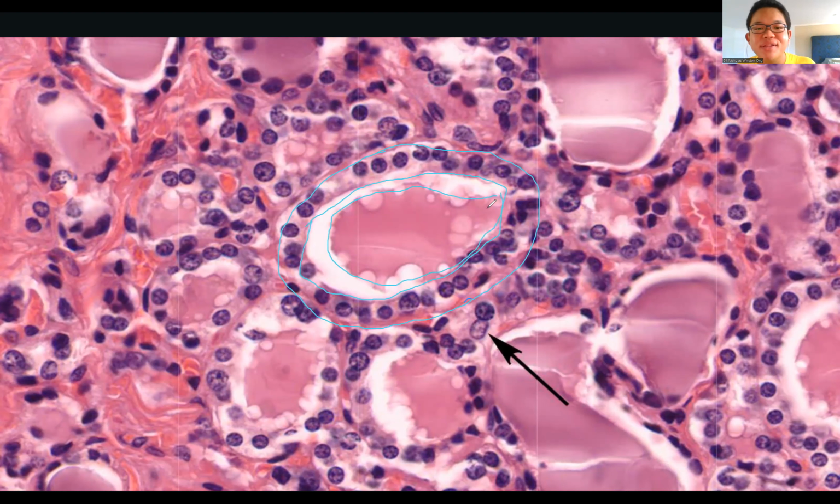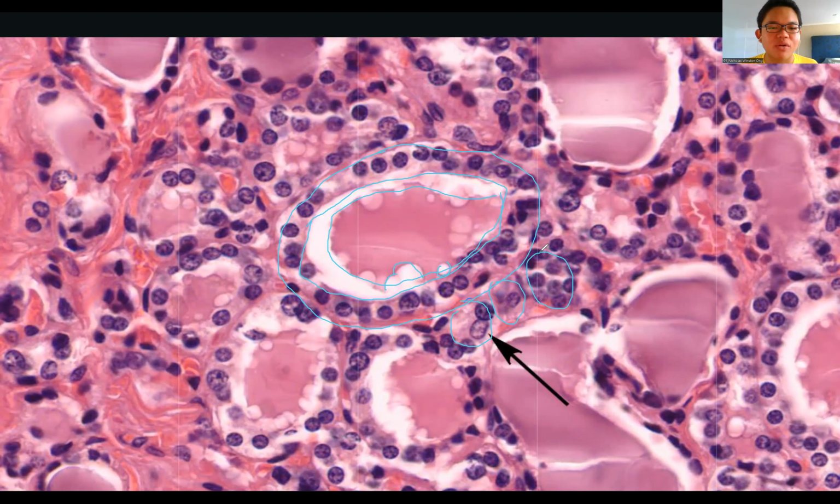Inside the colloid, there will be globules of thyroxine. This is thyroxine. In between the thyroid follicles, we will find cells known as parafollicular cells. And parafollicular cells will function to produce thyrocalcitonin. That's all for the thyroid gland.